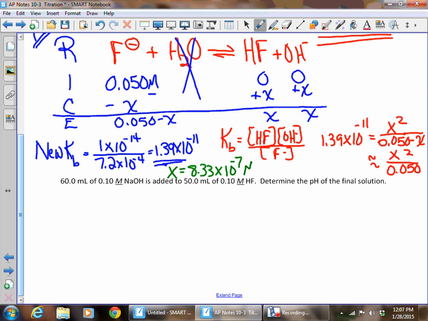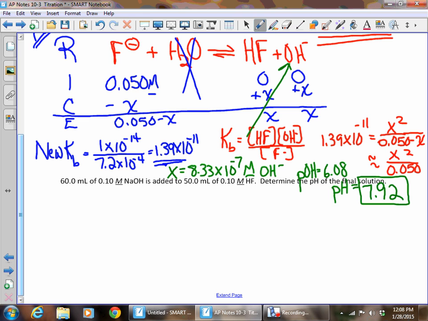Now keep in mind that this is molar OH minus. So this is the concentration of the hydroxide. The pOH is the negative log of that, so the pOH is 6.08. 14 minus that, we've done this a lot of times, I'm not going to write it all up. 14 minus that is going to be 7.92 for our pH of this solution.